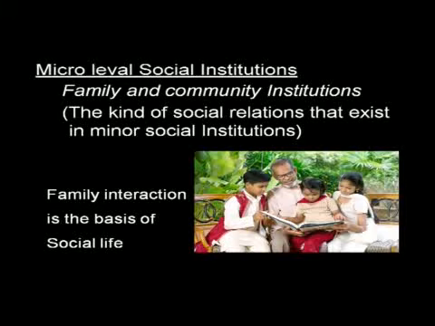These interactions are the focus point of other social sciences. We have the micro level institutions like family and community, and the kind of interaction that takes place in family and community are the interest of formal sociology.